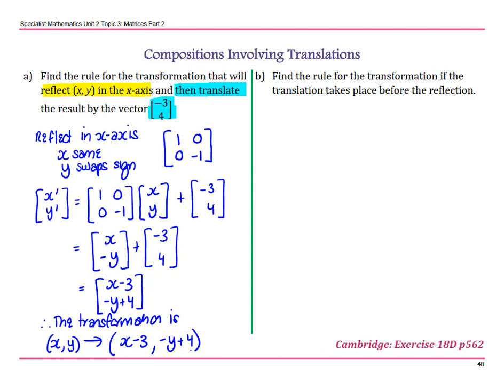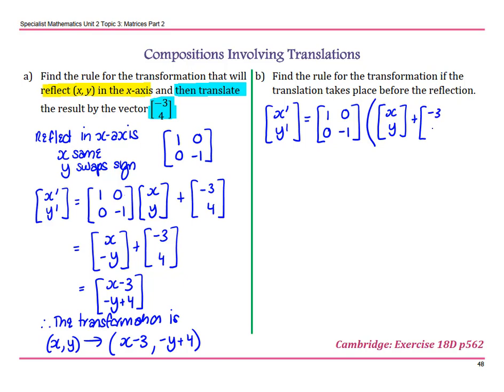Next one, find the rule for the transformation if the translation takes place before the reflection. So now, the last thing I'm going to do is multiply. So now I'm going to need brackets to get my order right. So I need to work out what the translation is first. But I still need to pre-multiply by that reflection matrix.